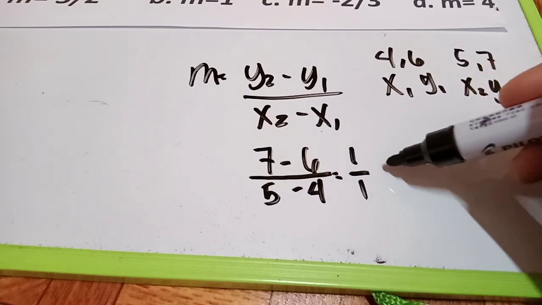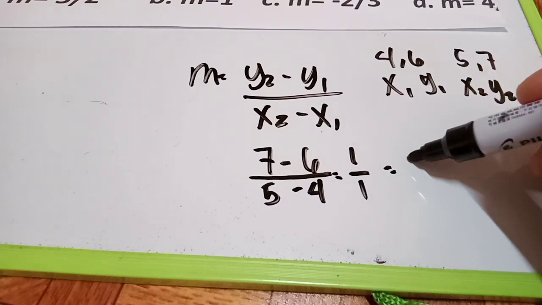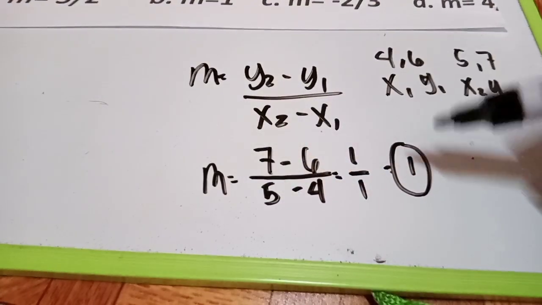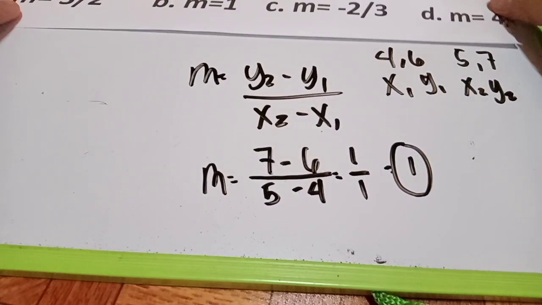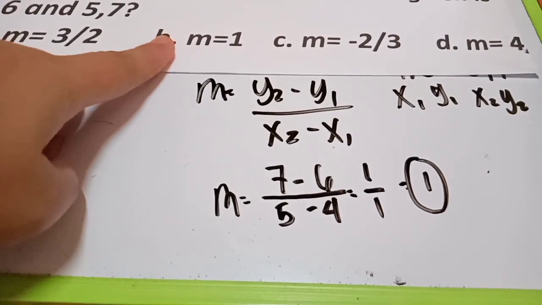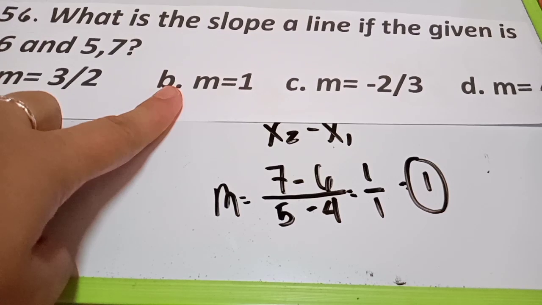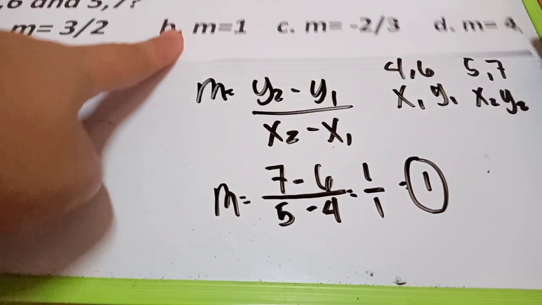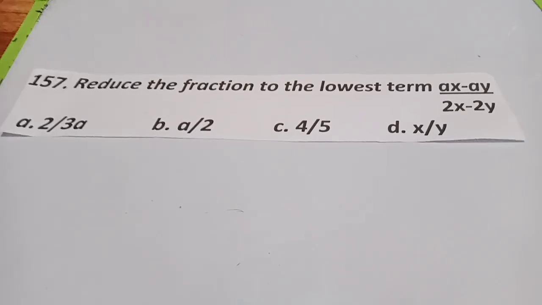So, 1 divided by 1 is equal to 1. So, our m will be equal to 1. So, the best answer is letter B. So, take note guys, letter B. This is 156.